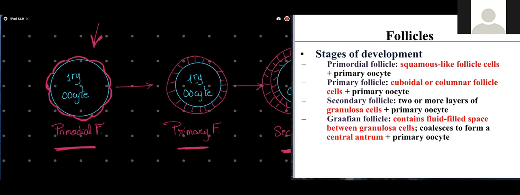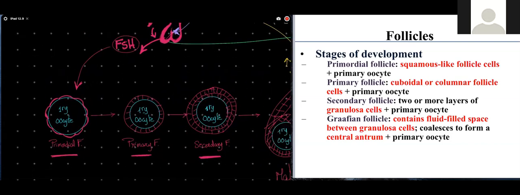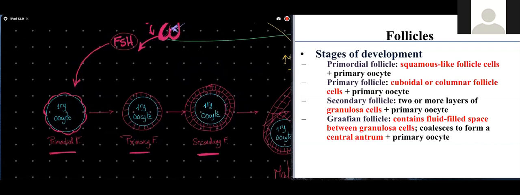Each month after the release of FSH, after puberty, some of the primordial follicles will become activated into primary follicles, where the follicular cells surrounding the primary oocytes become cuboidal cells.